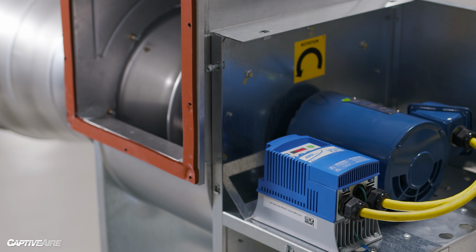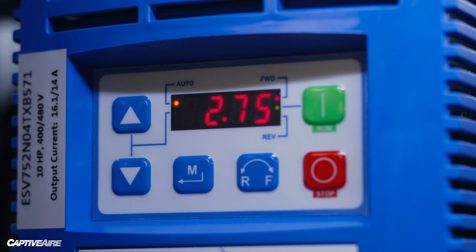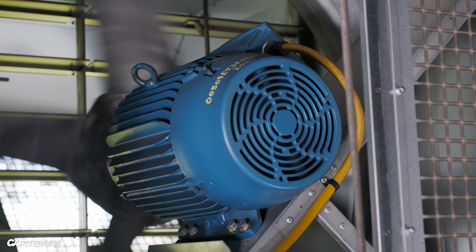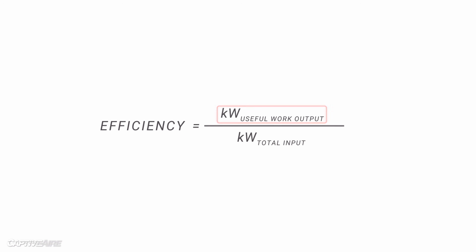Unfortunately, as much as we'd like to, we can never convert 100% of the energy going into the motor into useful work. There's always some waste in the shape of noise, heat, vibration, and we call this waste losses. Efficiency is basically the ratio of energy put to useful work over the total energy drawn by the motor.